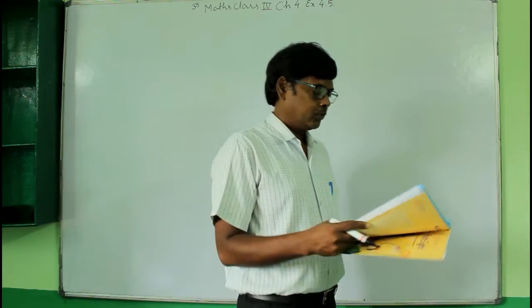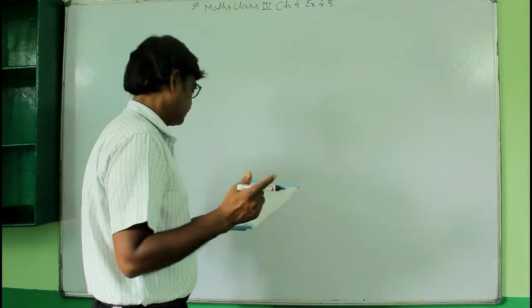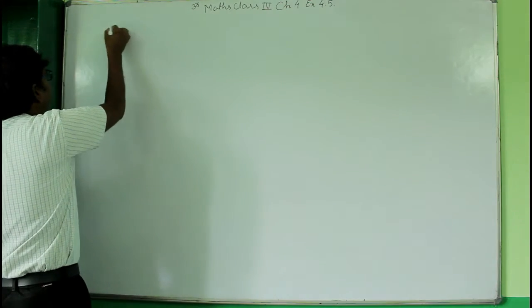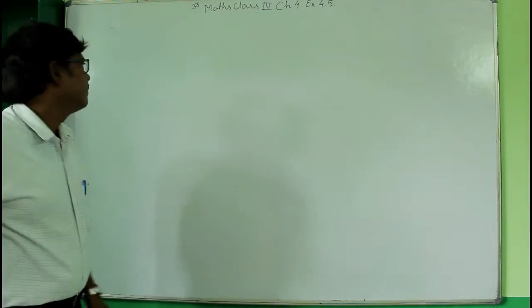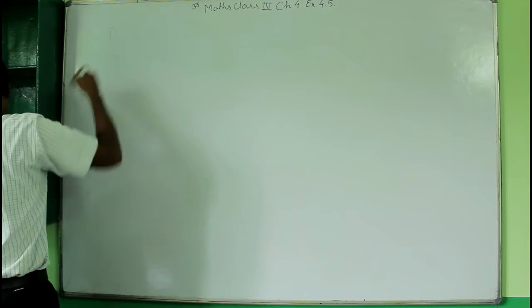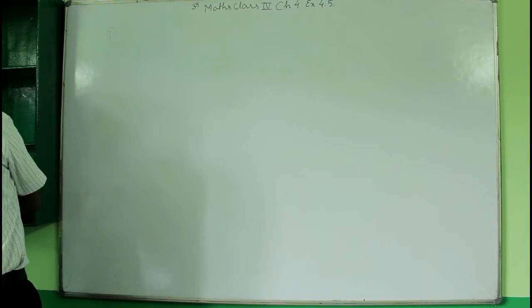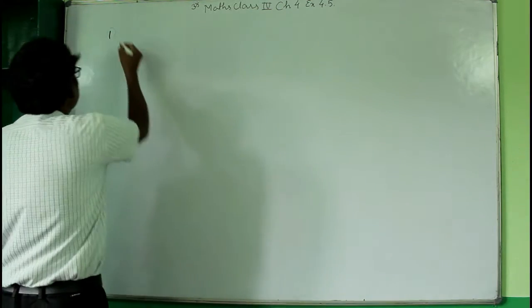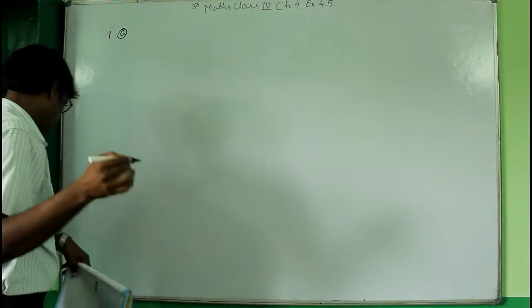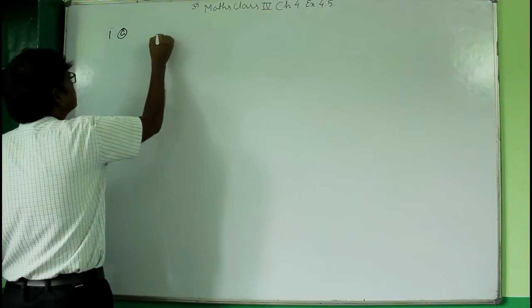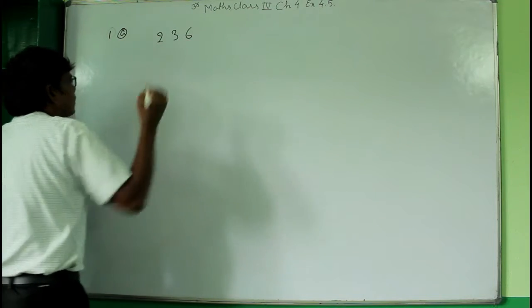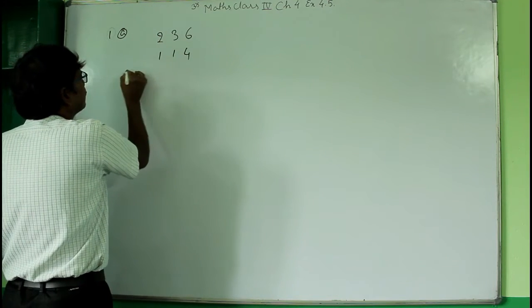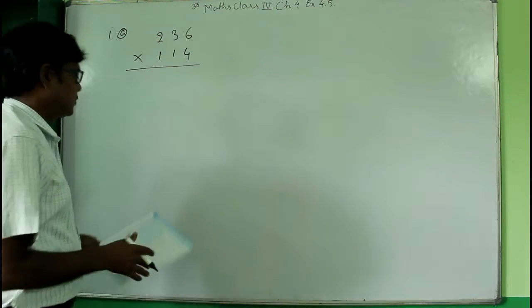Okay, so first question is question number A, and here the numbers are 236 multiplied by 114. Okay, so we have to multiply this.